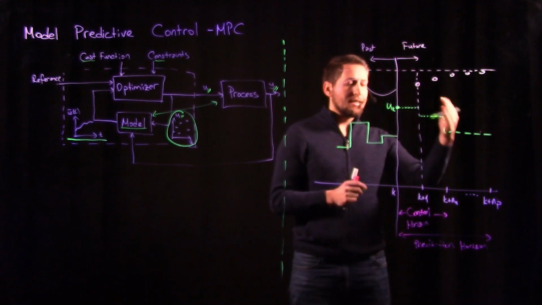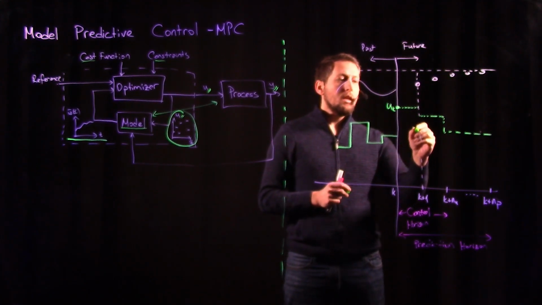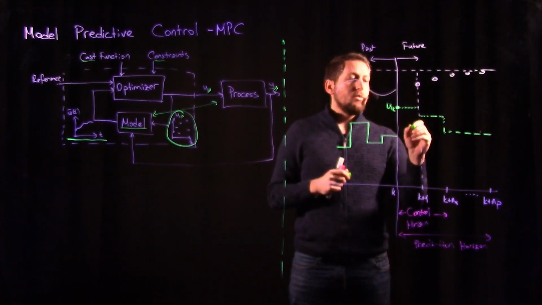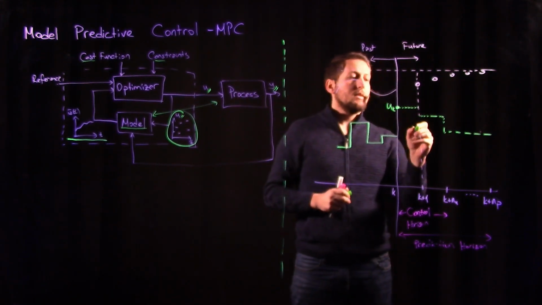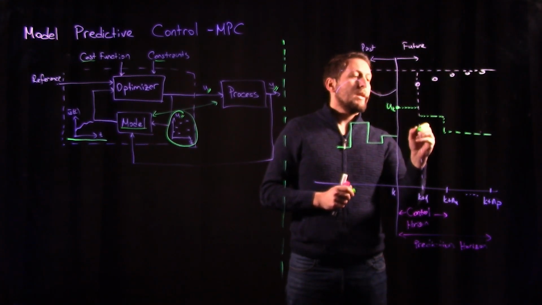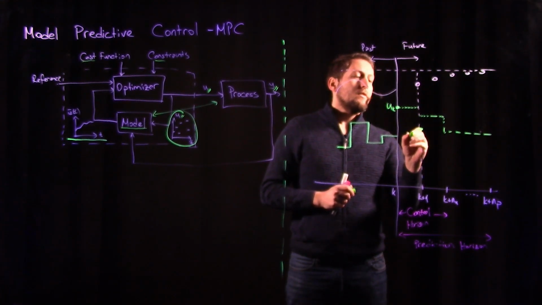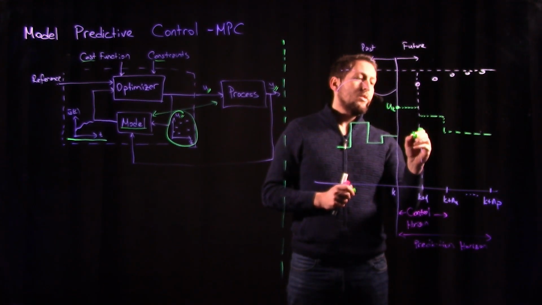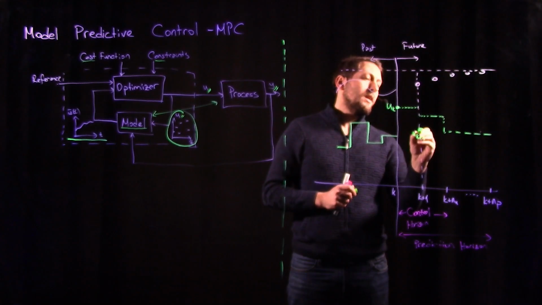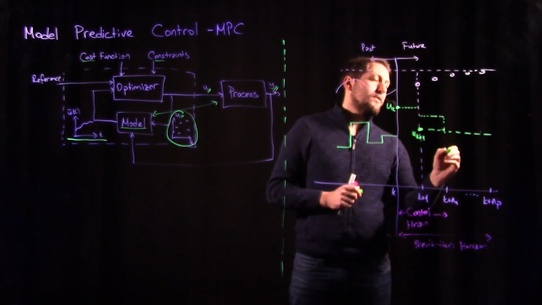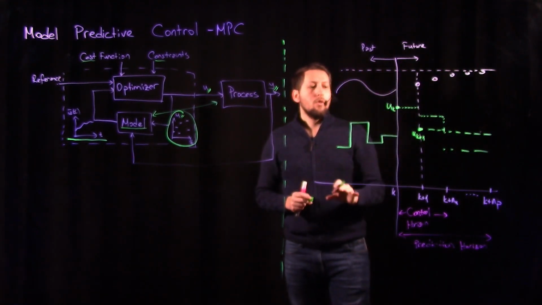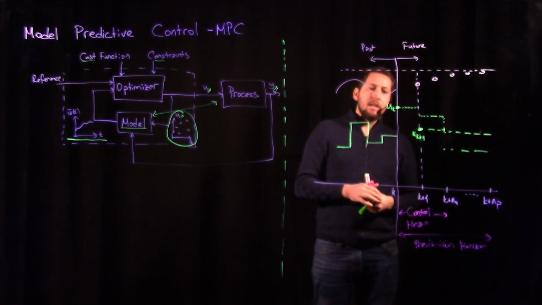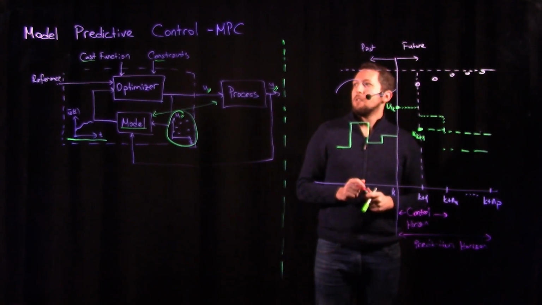But in the next time frame, k plus 1, we again calculate the optimal sequence based on the current system states, and for example, we may end up with another variable than the previously planned one, let's say u_k plus 1 here, and maybe we have now a different scheme. So this is more or less how model predictive control works and the main terms that we need to know initially.